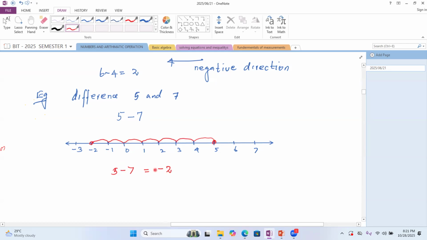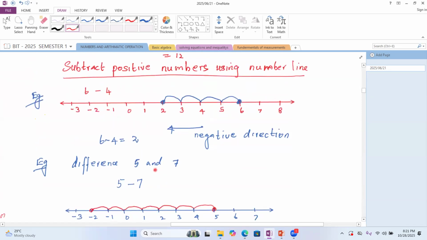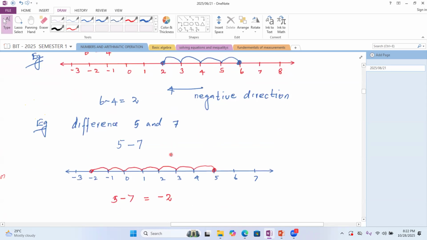Right? The difference of 6 and 4 is a positive answer. The difference of 5 and 7, we get a negative answer.